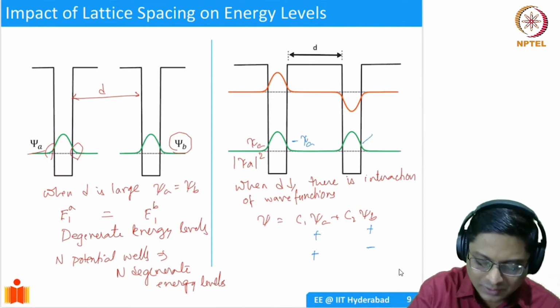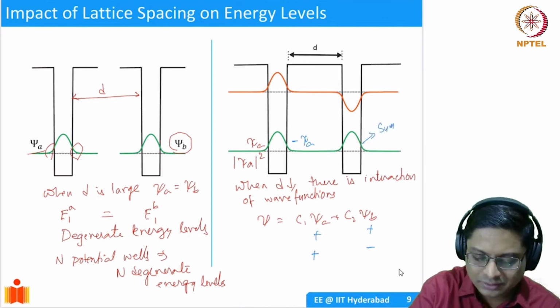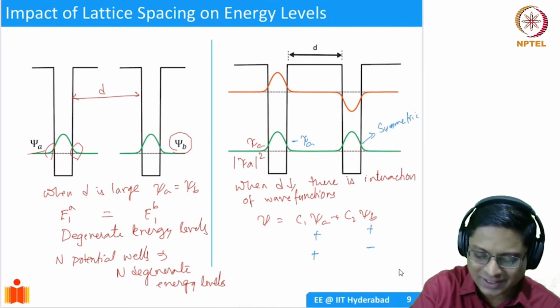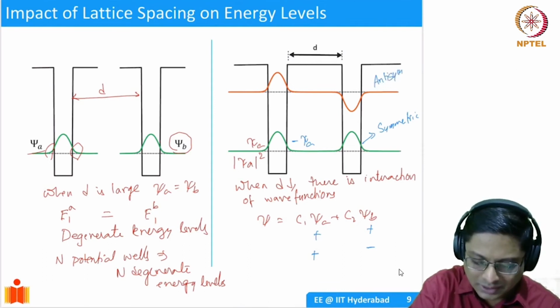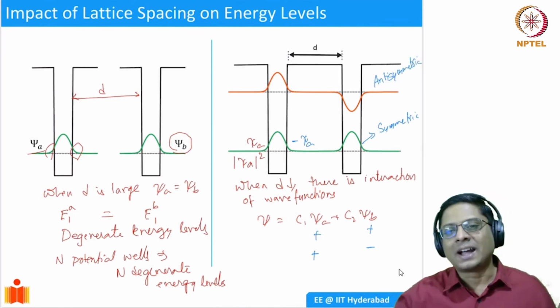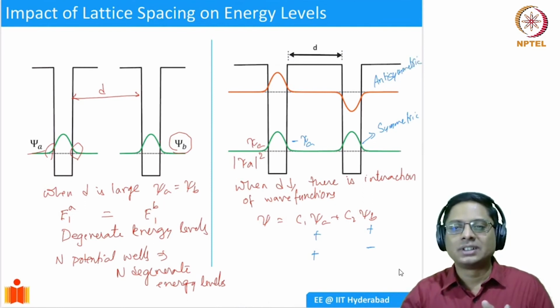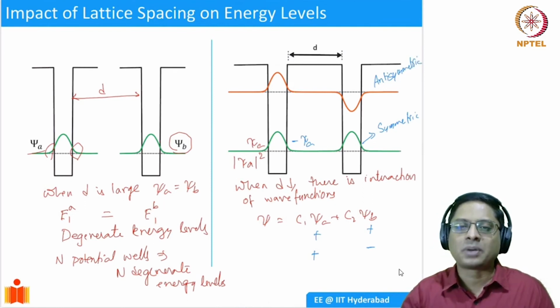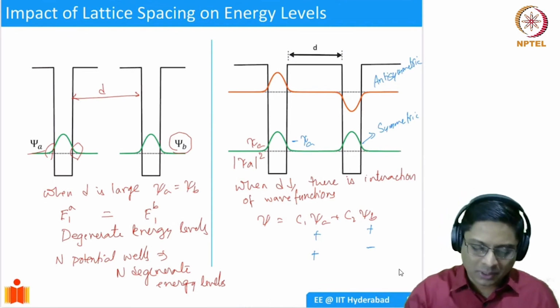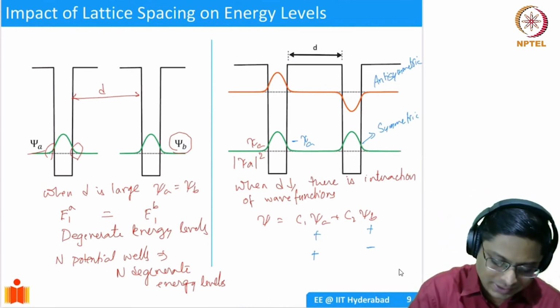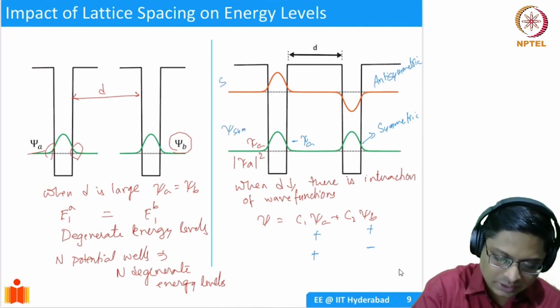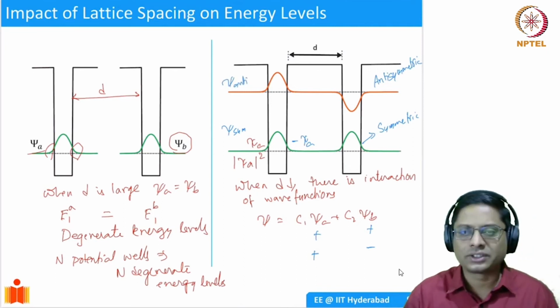The green one we will call a symmetric wave function, and the other an anti-symmetric wave function. This is additional detail, not really necessary for you right now. Let's call these two functions psi symmetric and psi anti-symmetric.